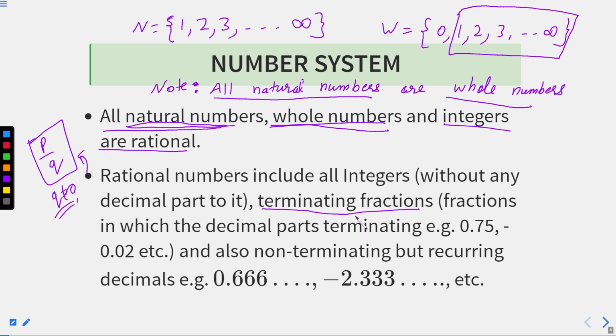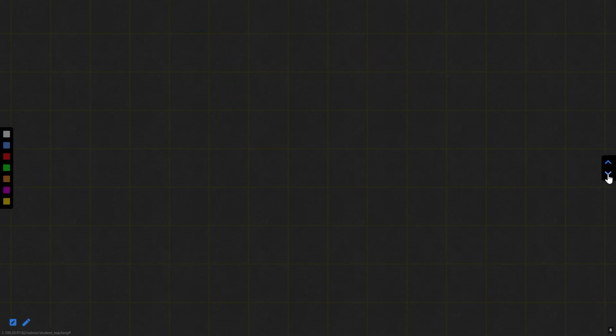What do we mean by terminating fractions? Let's say we have 1 upon 2. The decimal form of it is 0.5. Here the decimal terminates; we don't have any other number on the right side of the 5.